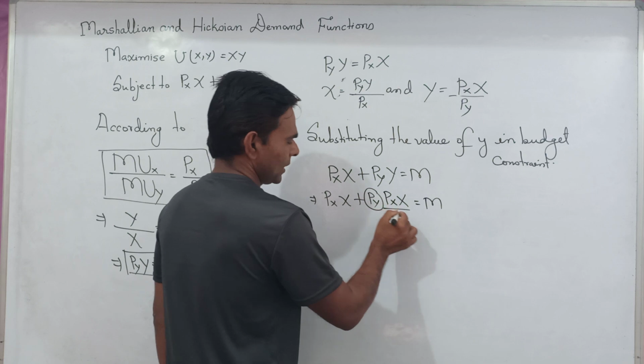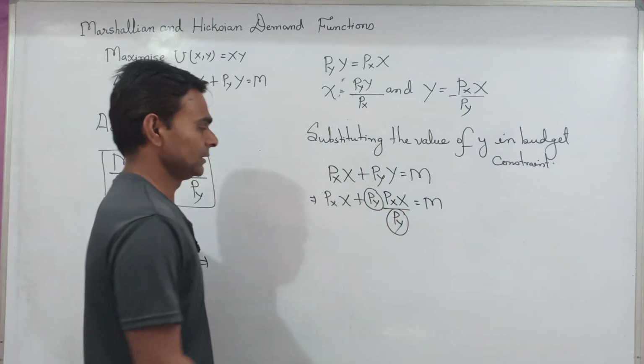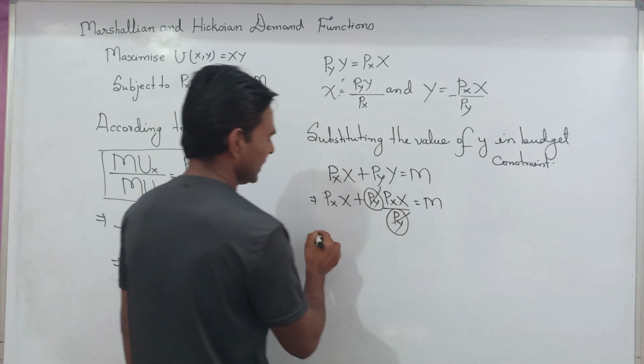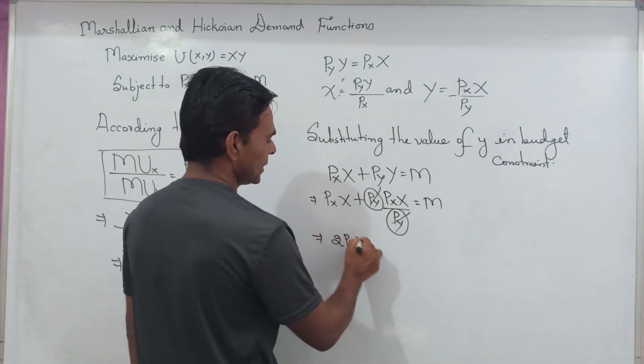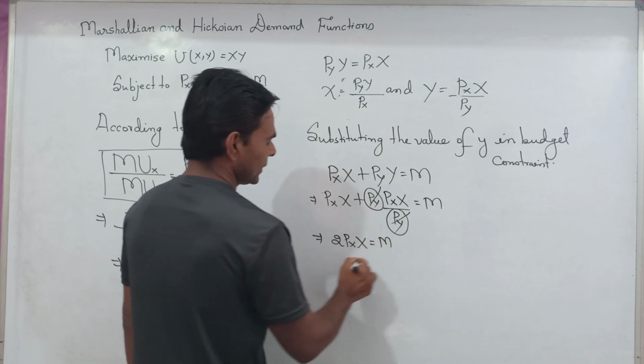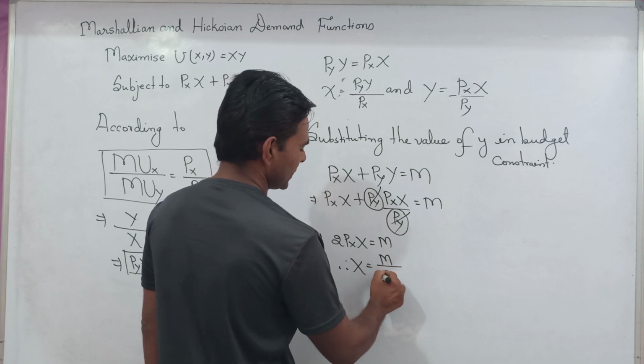The price of y in the numerator and the price of y in the denominator cancel. By adding these two terms, we get price of x into x equal to m. Therefore, x equal to m by 2 times price of x.